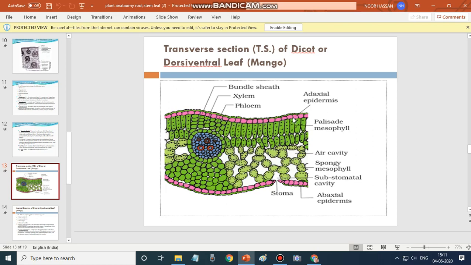The upper epidermis is the outermost layer and it is covered by cuticle. It is made up of a single layer of cells without any space. This is the outermost part of the dicot leaf, and stomata are less in number.